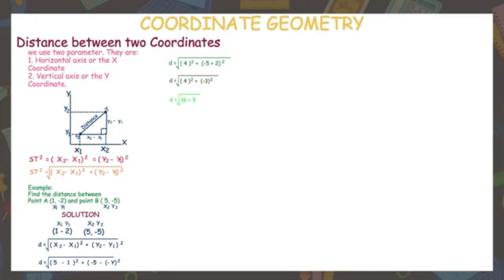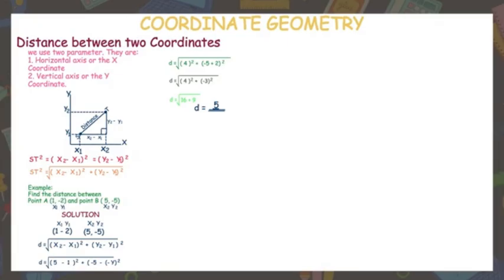That means our distance is equal to 16 plus 9, which gives us 25. Our distance is equal to the square root of 25, which is equal to 5. That is our final answer. That is, the distance between the points A and B is 5.